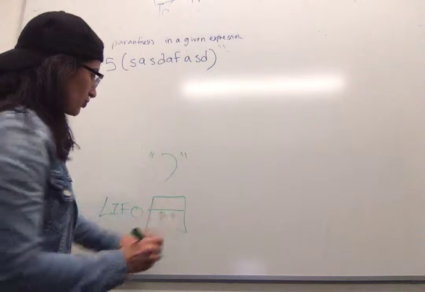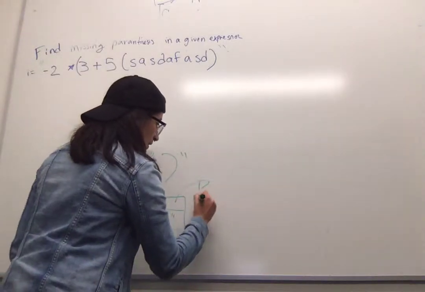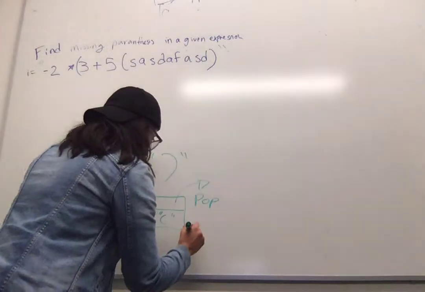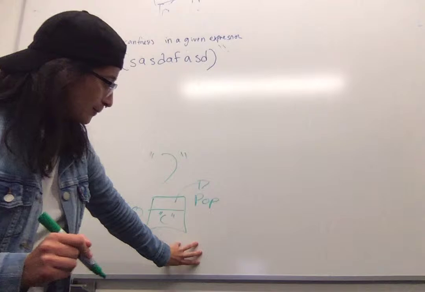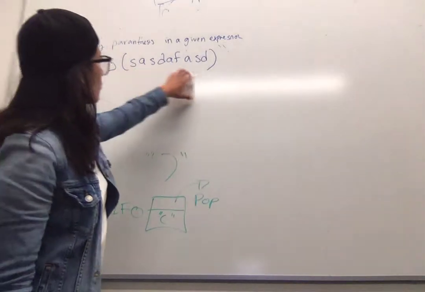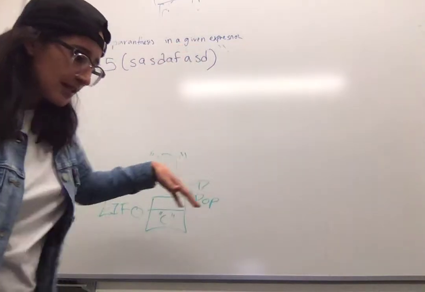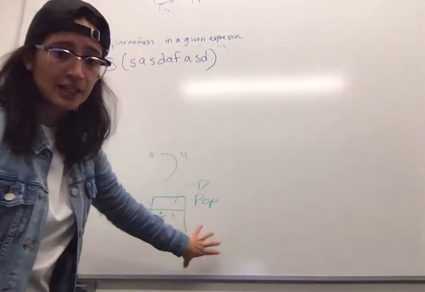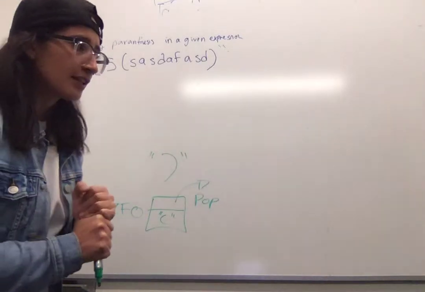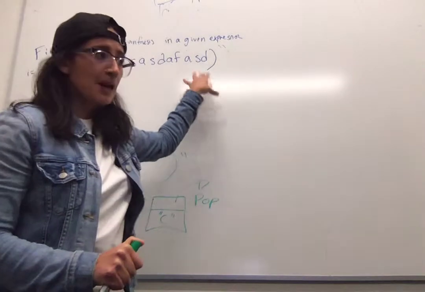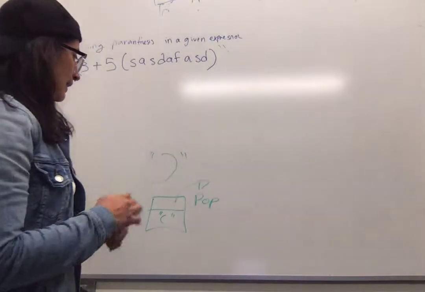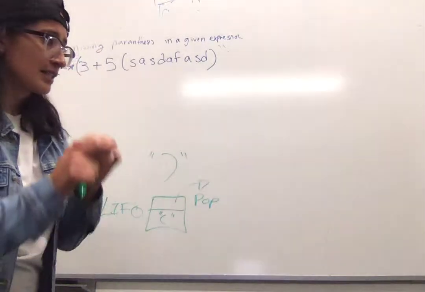So we're just going to pop it and save that into a variable. Within that, we're going to check that there actually is something there. If there's nothing there, that means that a closing parenthesis appeared before an opening parenthesis, which is wrong. So we know already that the parenthesis that's missing is an opening one.